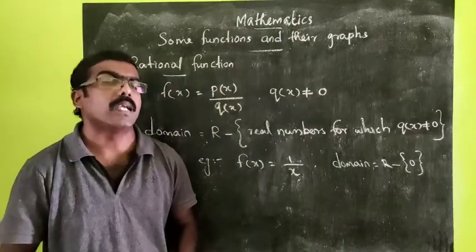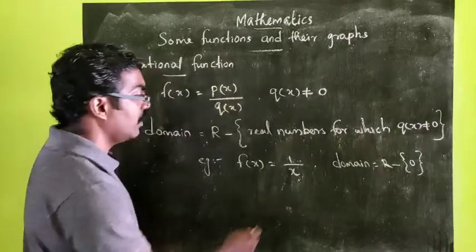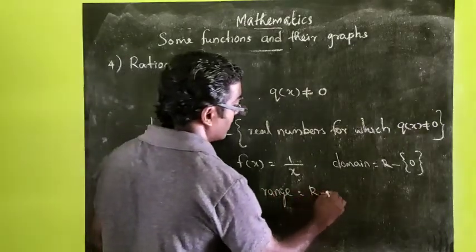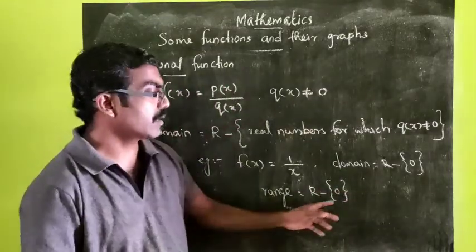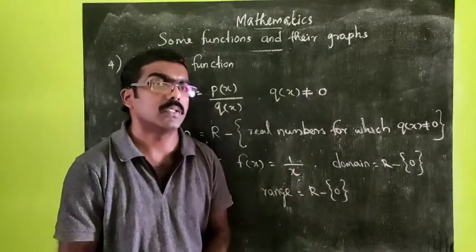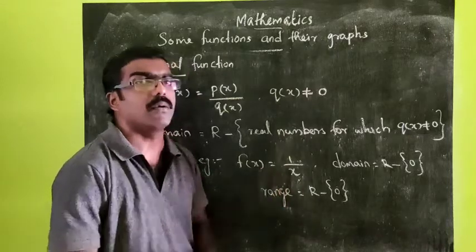Okay, and the range depends on the polynomial representing the function. In this example, the range is also the set of all real numbers except 0. Okay, we get all the values except 0 while replacing x by real numbers except 0. Okay, so the range is R minus set 0 in this example.